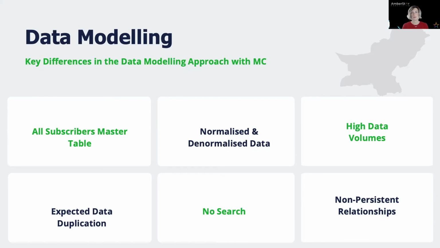And then I also briefly wanted to talk about normalized and denormalized data. So these concepts mean that, in a normalized setting, all the data is separated out and the attributes of that data are related to the entities. So for example, you would put all the account information on the account object. You would put all the contact information on the contact object.